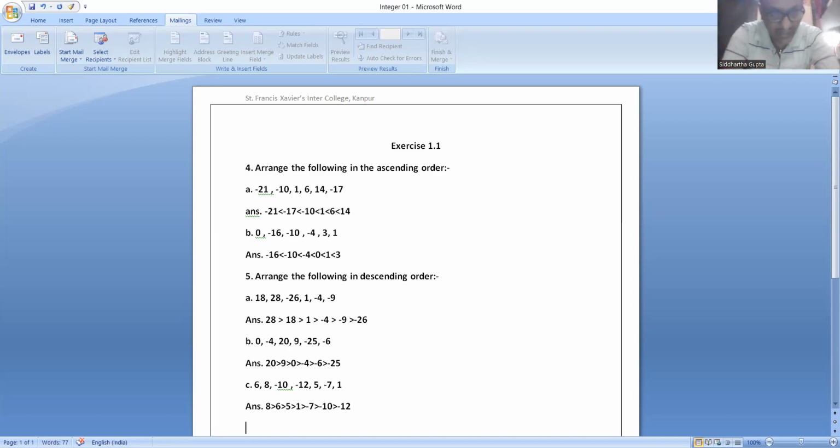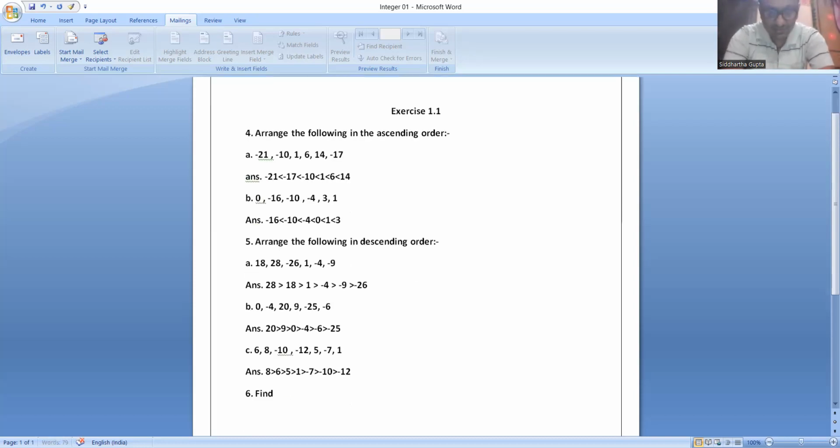Now question number 6. Question number 6 is find. The first question given is plus 6 and minus 10.